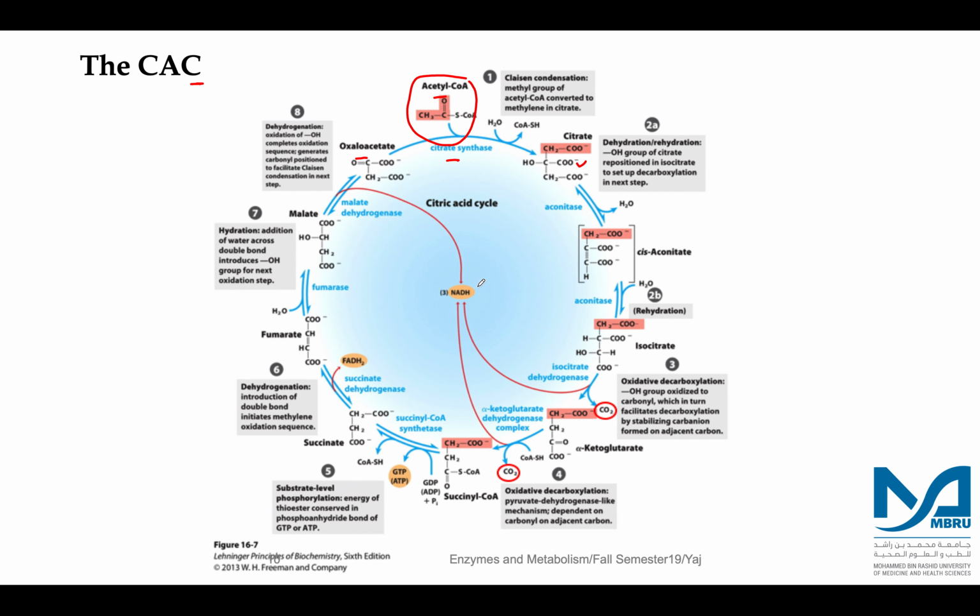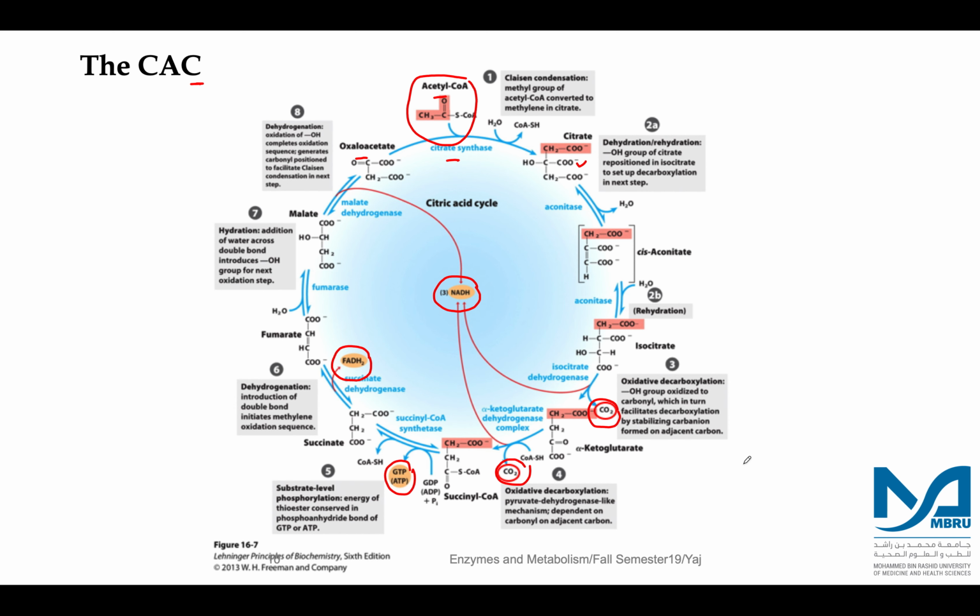In the process, we produce NADH, that is protonated NAD, FADH2, that is protonated FAD, and also we lead to the production of carbon dioxide at two definite steps. At one of the steps, we produce GTP, which is converted to ATP.